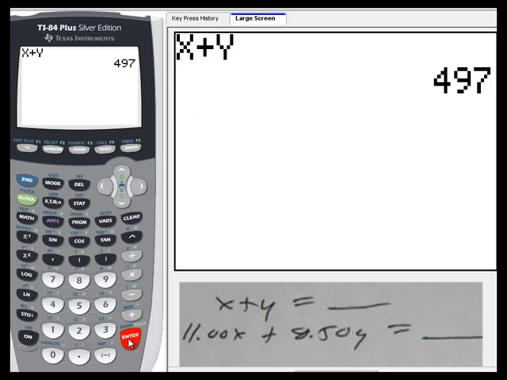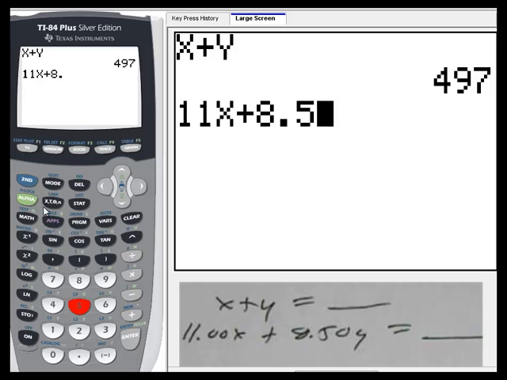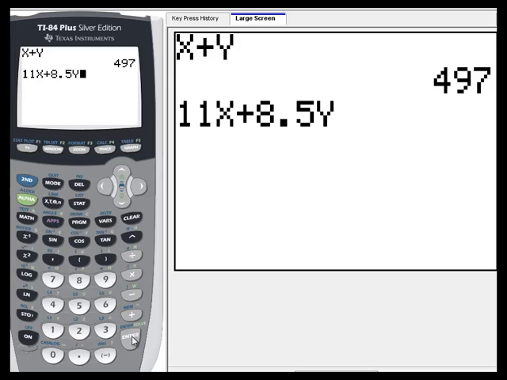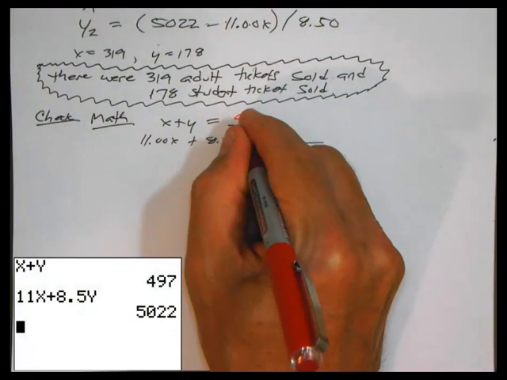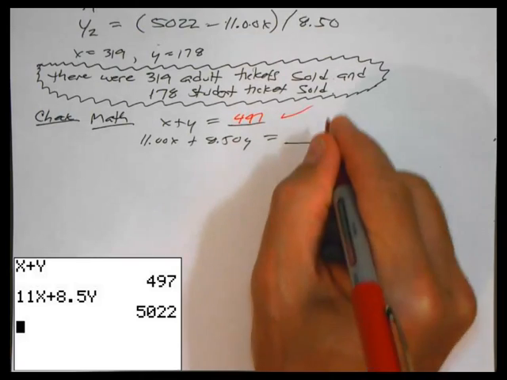The second equation's check. 11.00x plus 8.5y. Enter. 5022. Okay, that's a check as well. So back here we have found this to be 497. That looks good.